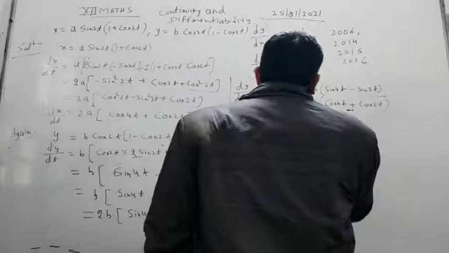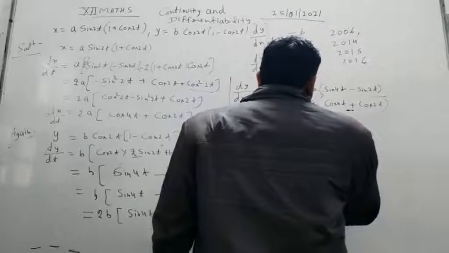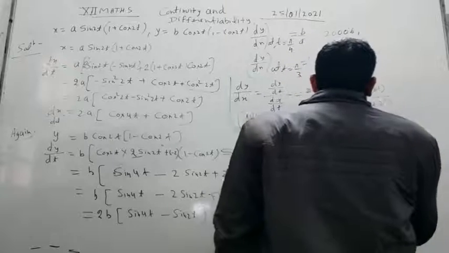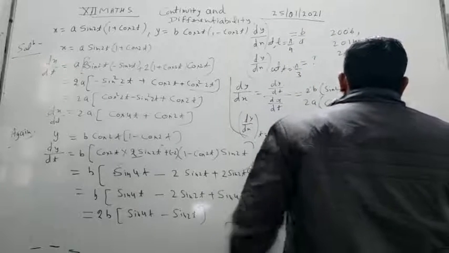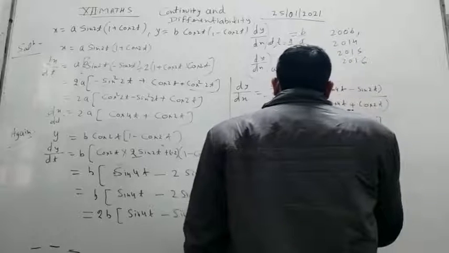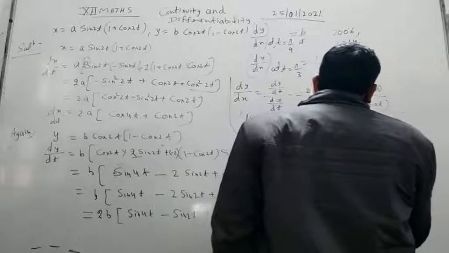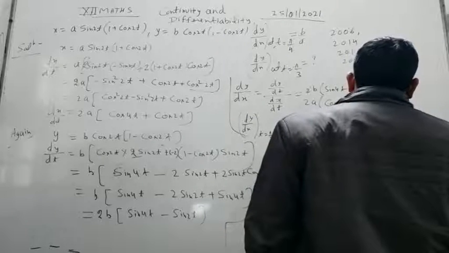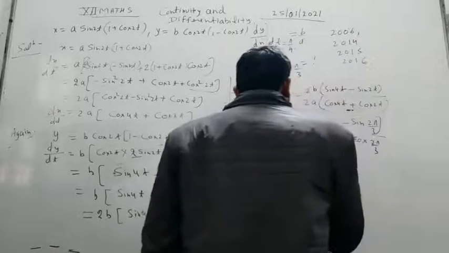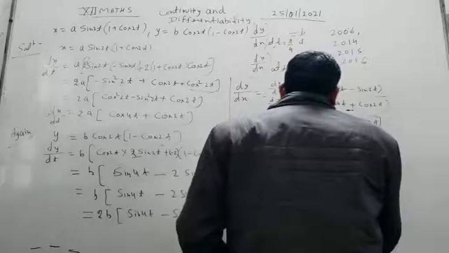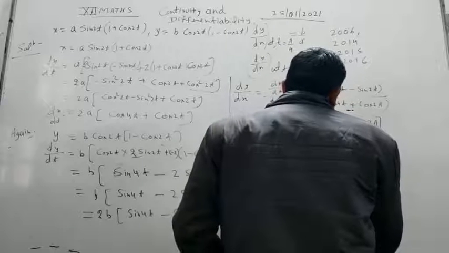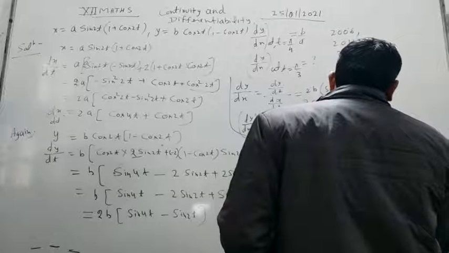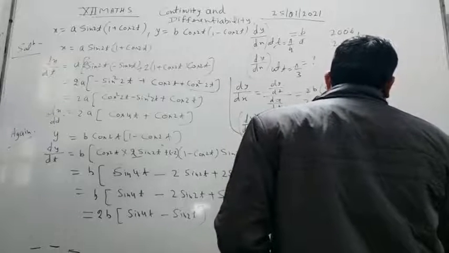So this is b by a, and sin 4 pi by 3 minus sin 2 pi by 3 by cos 4 pi by 3 plus cos 2 pi by 3. Okay students, so b by a, and this we can write pi plus pi by 3, and this is sin pi minus pi by 3.